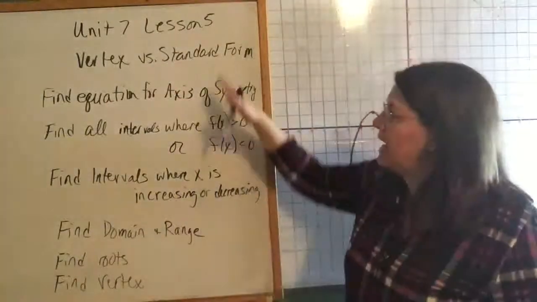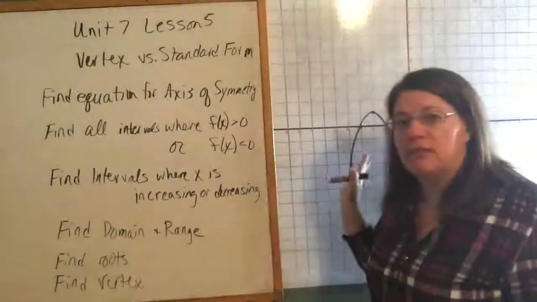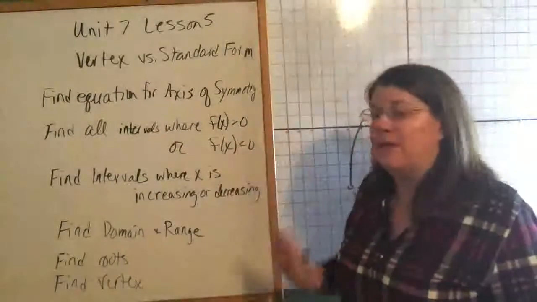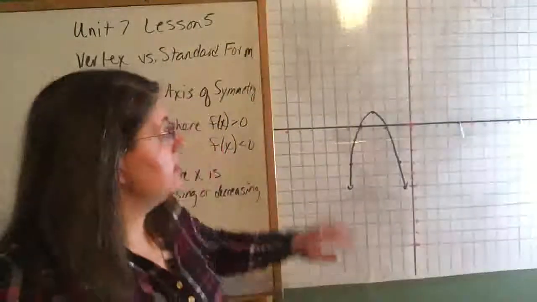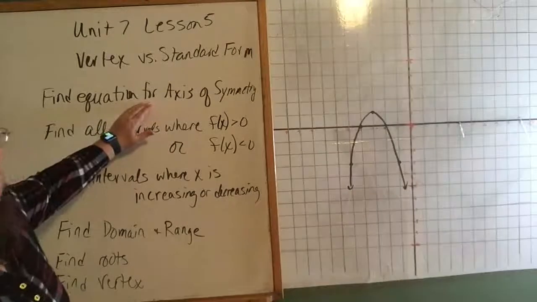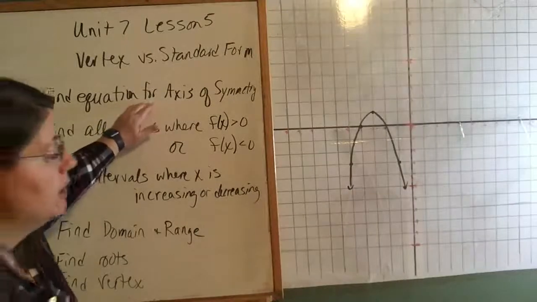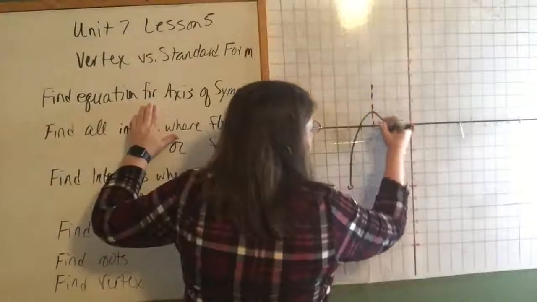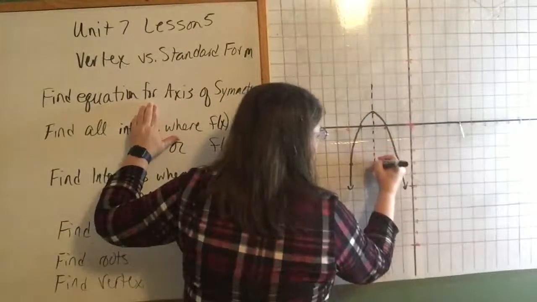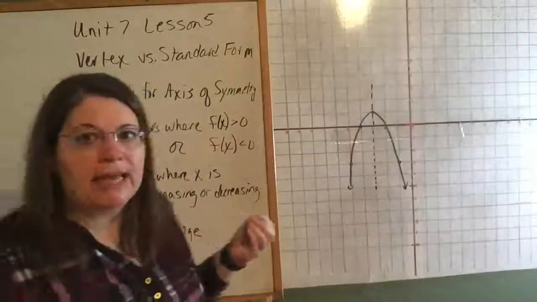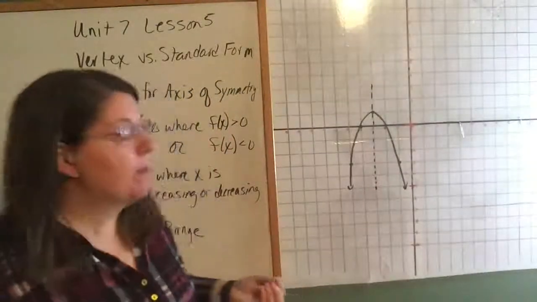So I'm just going to answer all of these questions using this sample picture here, and then I'm going to give you some equations, and we're going to find the same things. So if I look at this graph right here, the first thing it's asking me to do is find the equation for the axis of symmetry. Well, the axis of symmetry is that vertical line that goes through my vertex right here, and if it's a vertical line, we know the axis of symmetry, or the vertical line equation, is x equals a number.